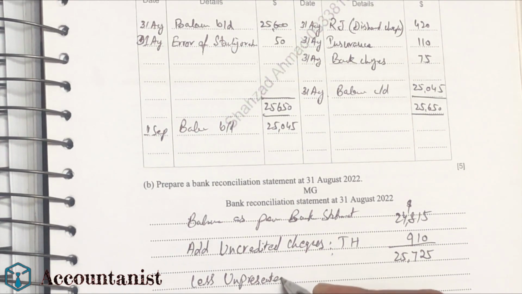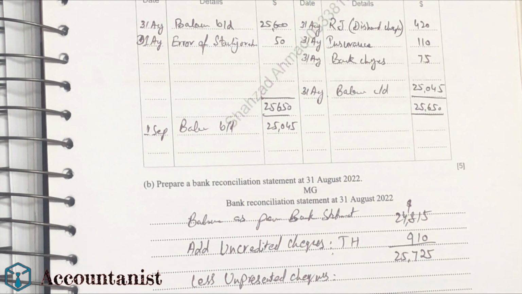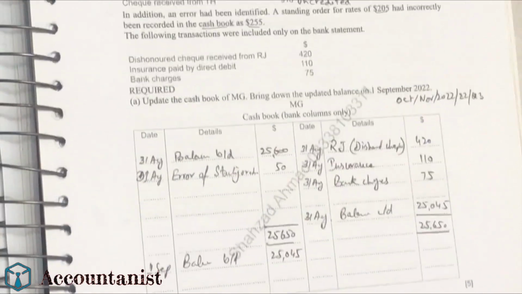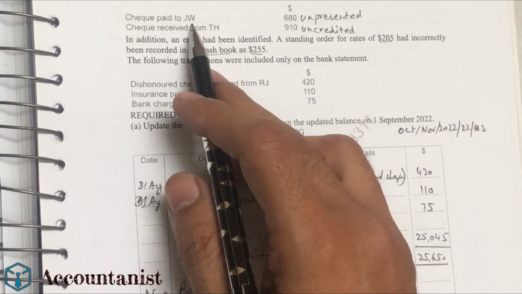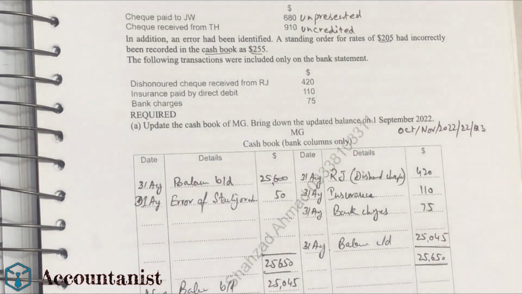Now I will deduct from this balance the unpresented checks. We have only one payment that is not recorded in the bank statement. It says check paid to JW, 680, unpresented.